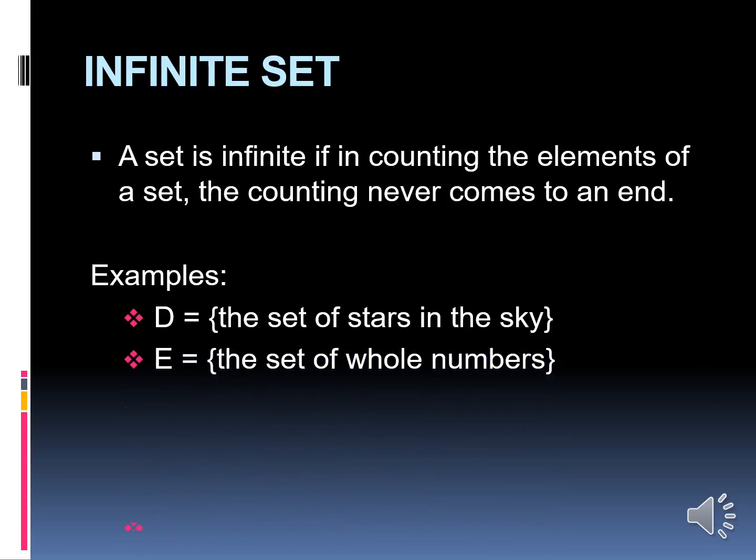No. Another example, set E, which is the set of whole numbers. So we don't know where it should end if we count all the whole numbers. Another example is set F, a set of all x such that x is a counting number. So that is only the same as the set of whole numbers.